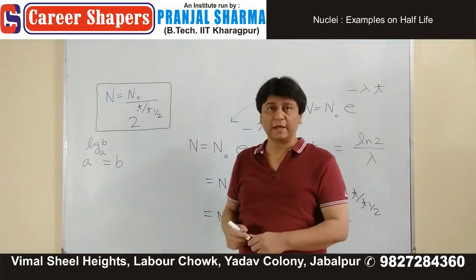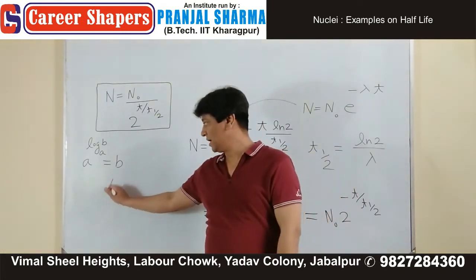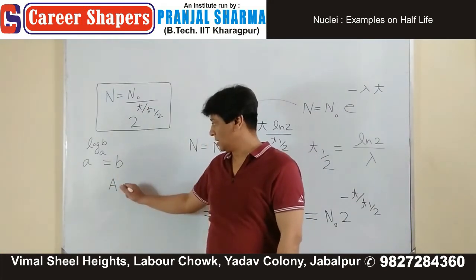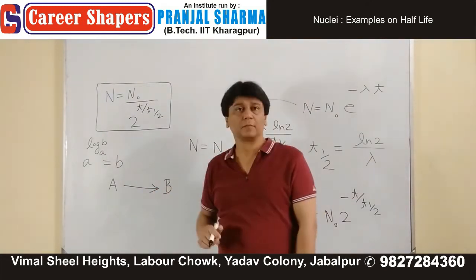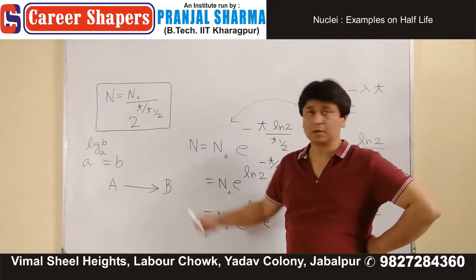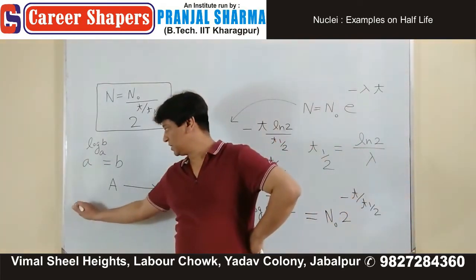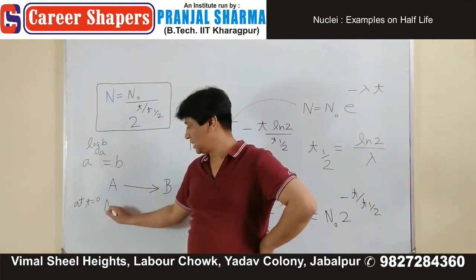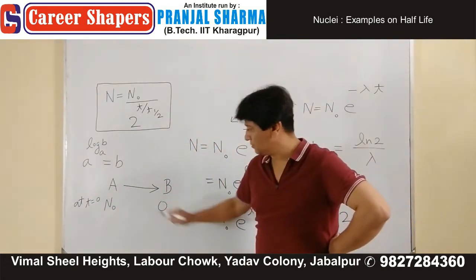Try to answer a very easy question. We have a parent nuclide A. After disintegration, it converts itself into B, daughter nuclide. Parent, daughter, after disintegration. It is given that at t equals 0, A is N naught, B is 0.